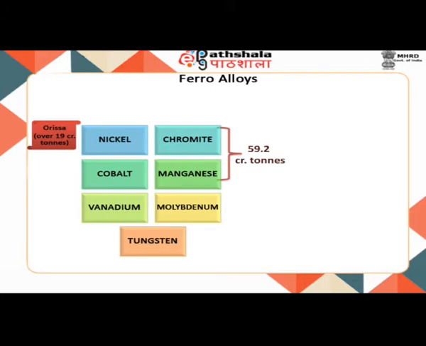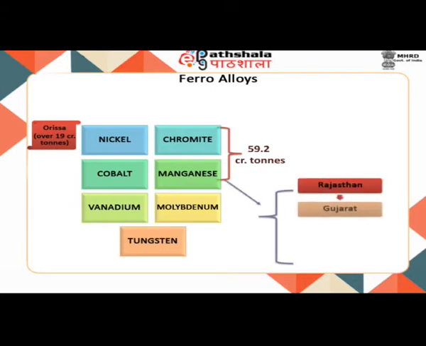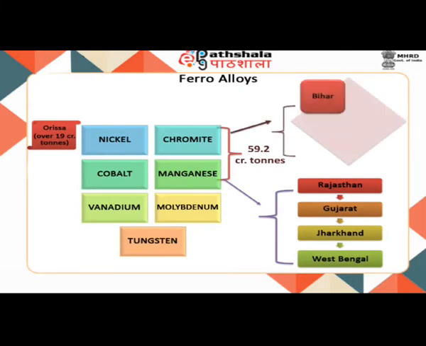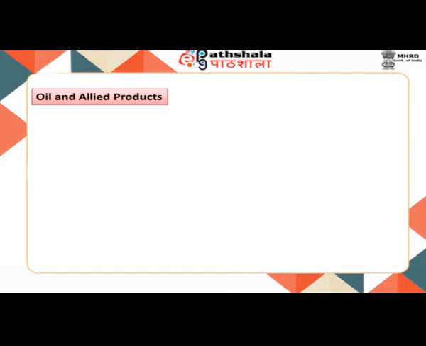While manganese is found in Rajasthan, Gujarat, Jharkhand, and West Bengal, the reserves of chromite are found in Bihar, Karnataka, Orissa, and Tamil Nadu. Next most important reserve is of nickel, found mainly in Orissa, with over 19 crore tons of deposits.